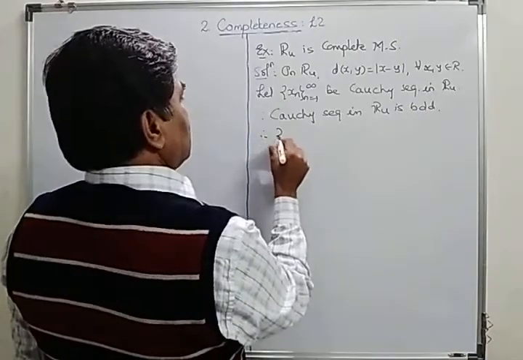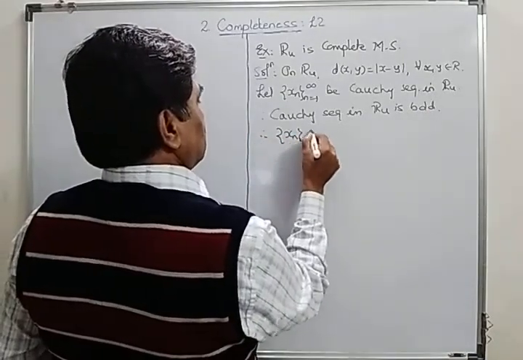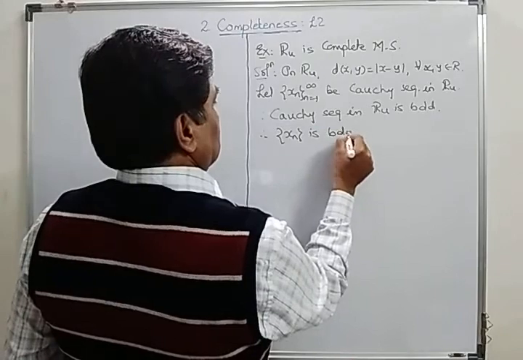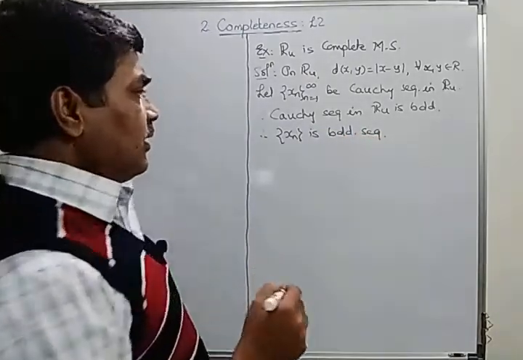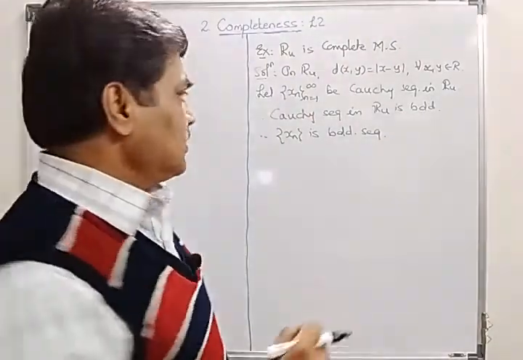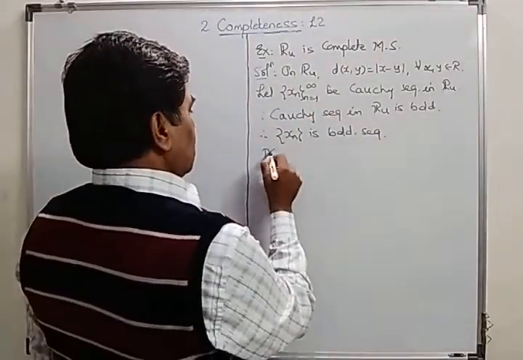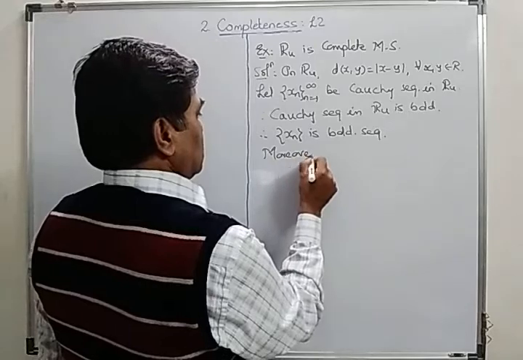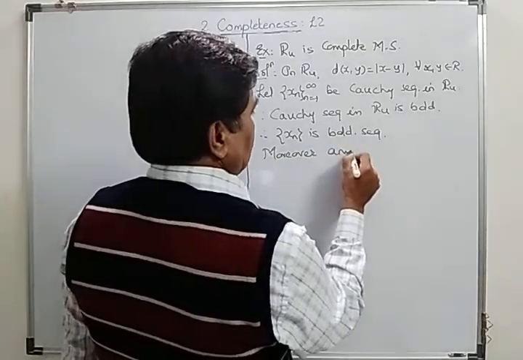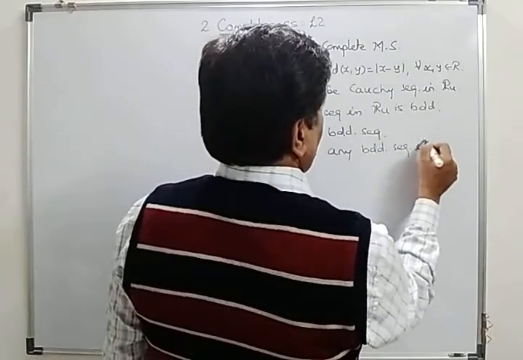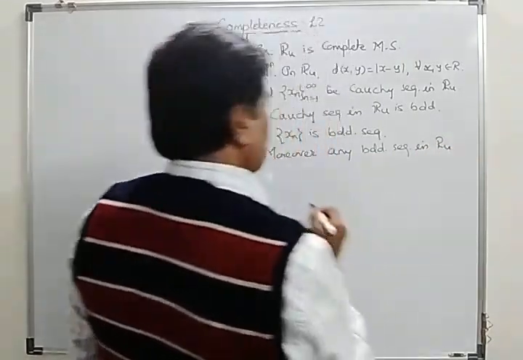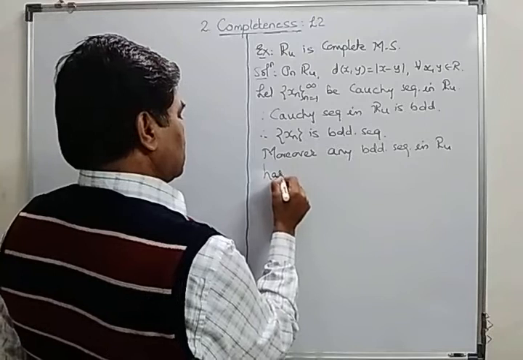Therefore (x_n) is a bounded sequence, and every bounded sequence in R_u has a convergent subsequence.